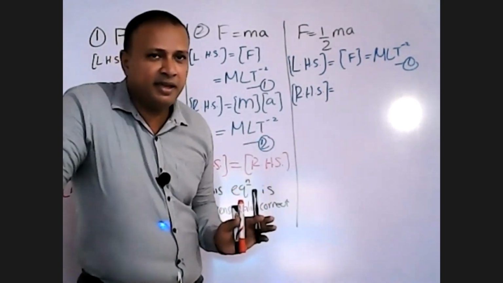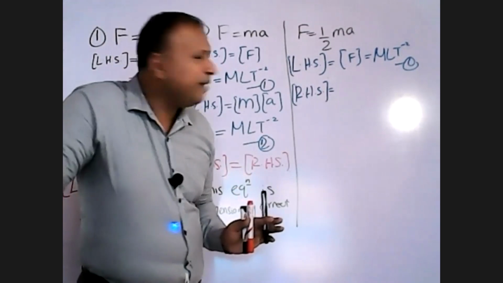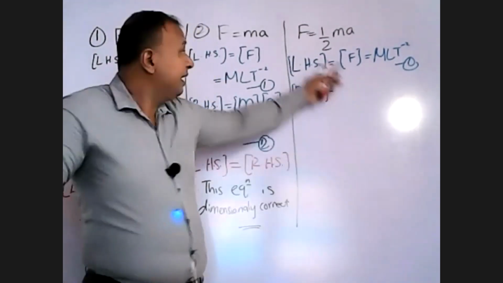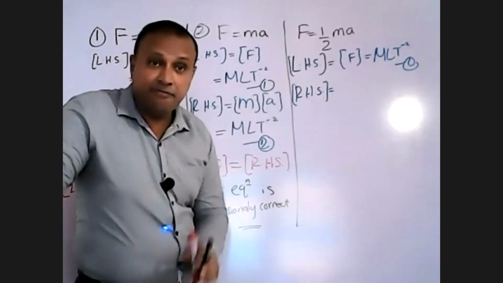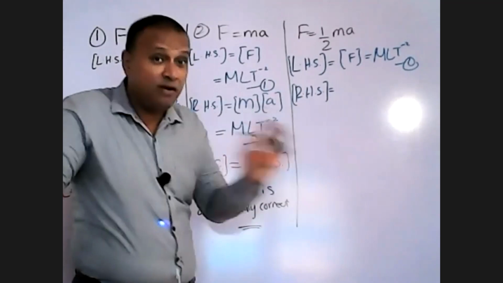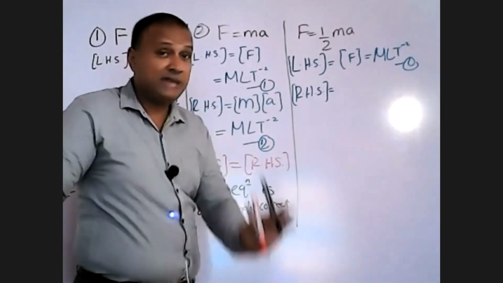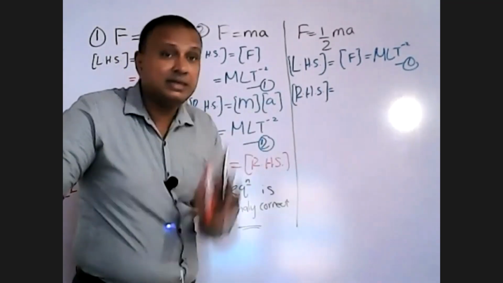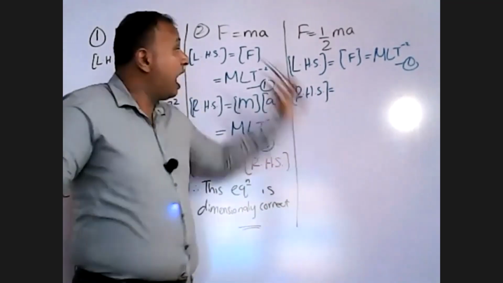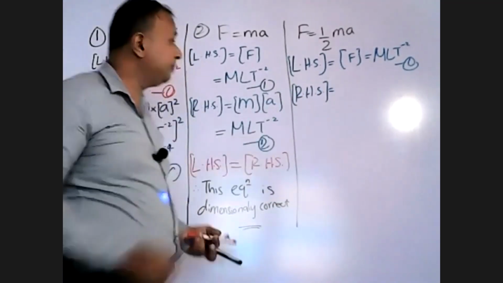MLT^-2. As I said earlier, half is a number, and a number doesn't have a dimension. So half doesn't have a dimension.